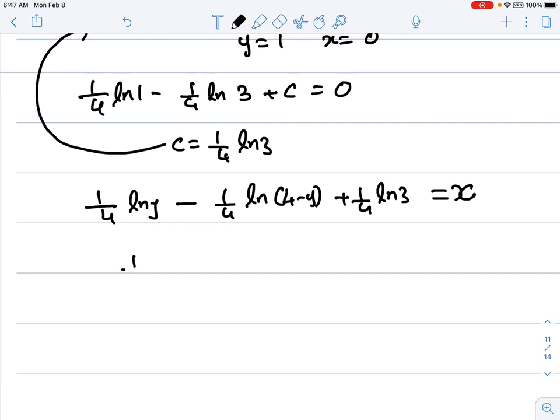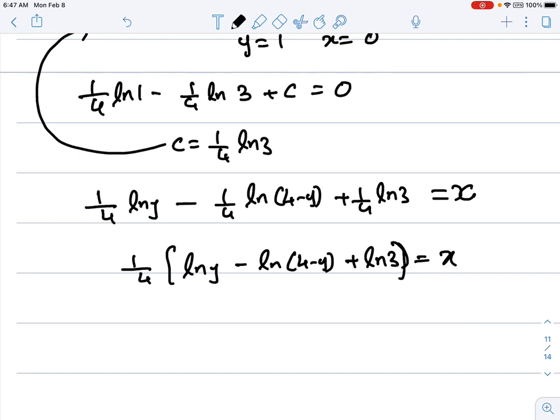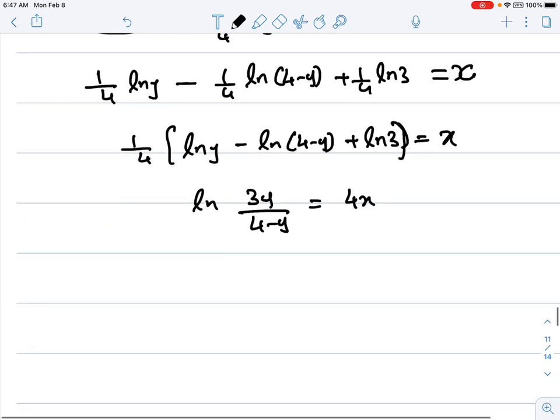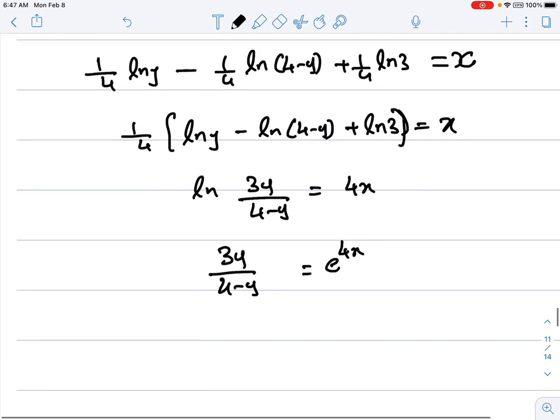We can see that 1 upon 4 is common. So ln y minus ln (4 minus y) plus ln 3 is equal to 4x. So ln of 3y by (4 minus y) is equal to 4x. So 3y by (4 minus y) is equal to e to the power of 4x.